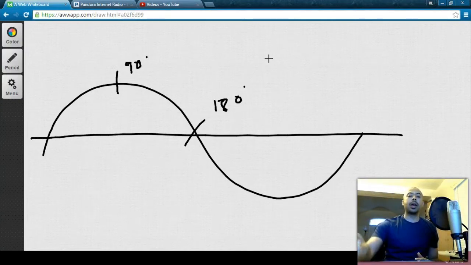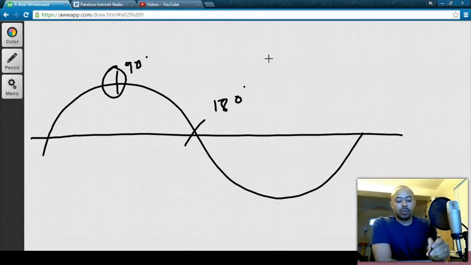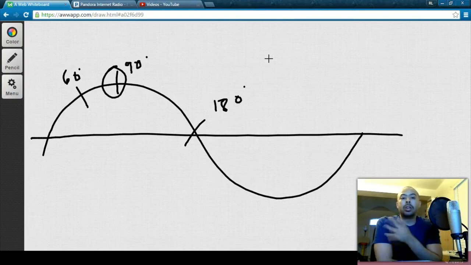So at any point in the sinusoidal waveform, you would be able to calculate an instantaneous voltage by multiplying the peak, or the maximum that you find at 90, times the sine of the angle of what you want to measure. So if you wanted to measure 60, you could multiply your peak voltage by the sine of 60, and you'd have the voltage at that point.